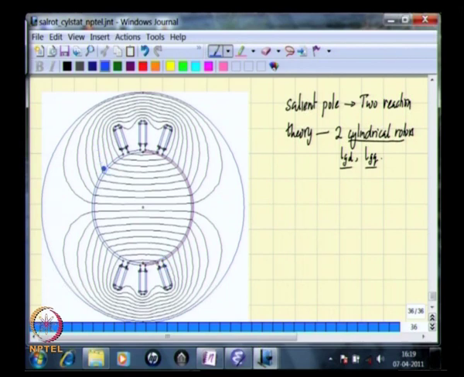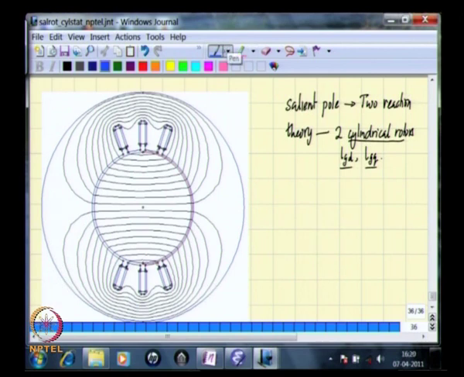You find that flux lines go like this, and the air gap flux density can now be determined. But in our attempt to derive the inductance, we started out with the MMF distribution.